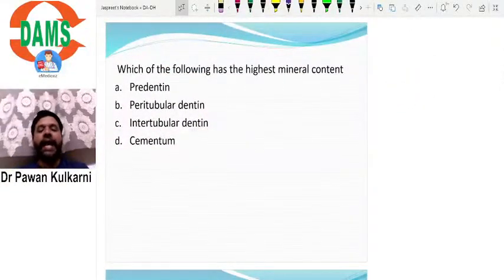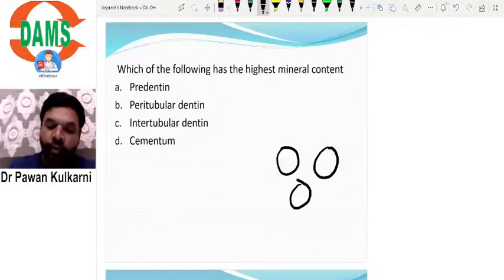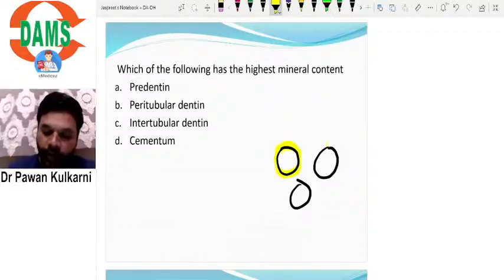Which of the following has the highest mineral content? If you see the peritubular dentine, for example, suppose these are the dentinal tubules. The peritubular dentine is the dentine around the dentinal tubules, this yellow colored one. This is more mineralized.